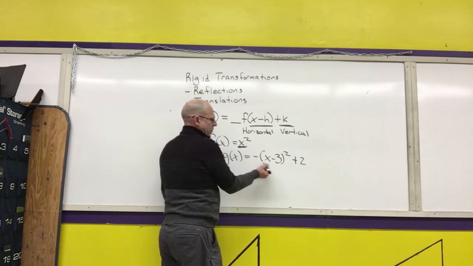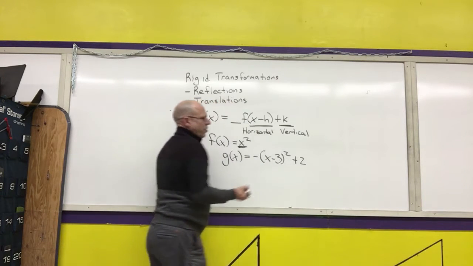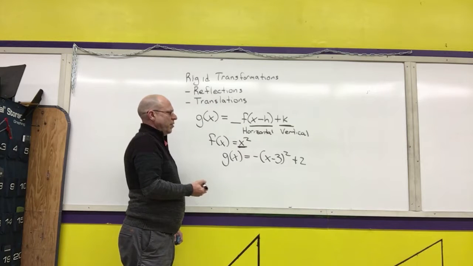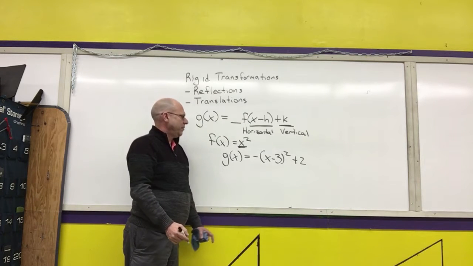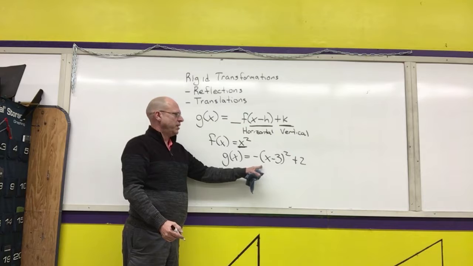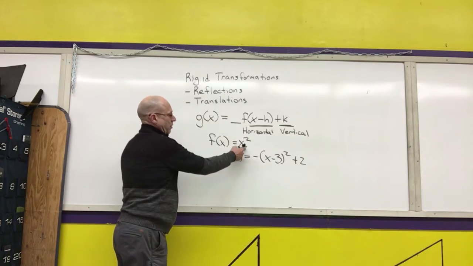It's flipped upside down, and then 2 up. So if I were to ask you to sketch a graph of this function using transformations, you are going to start with the parent function.